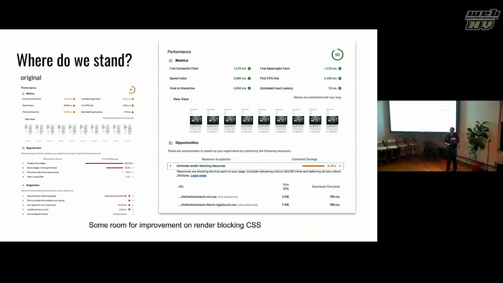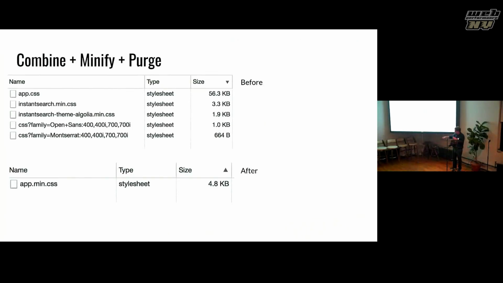So you can see how ridiculously small this CSS file is. It's 4.8 kilobytes. I should add one little caveat: I use utility class CSS, so naturally it's a little bit smaller than other styles of writing CSS. But nonetheless, it's ridiculously small. When I started out, I had my CSS, the instant search CSS, and the CSS for the font families that I was delivering.